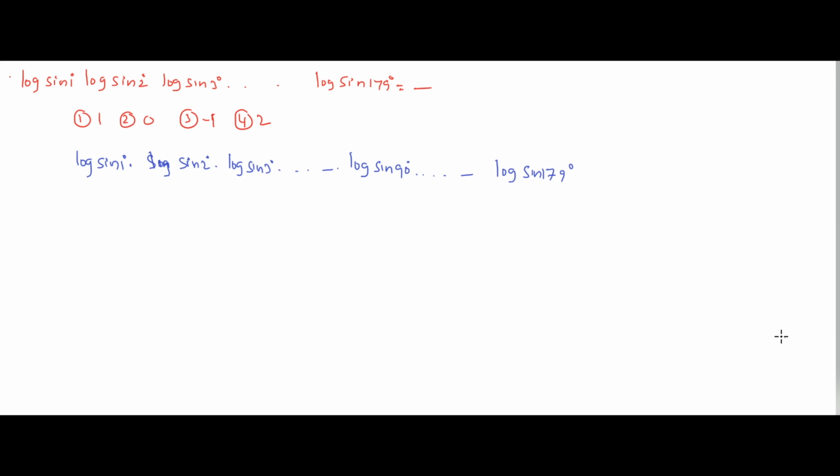Here is sin 90. Sin 90 value is 1. That is log of sin 1 degree, log of sin 2 degree, up to and so on.